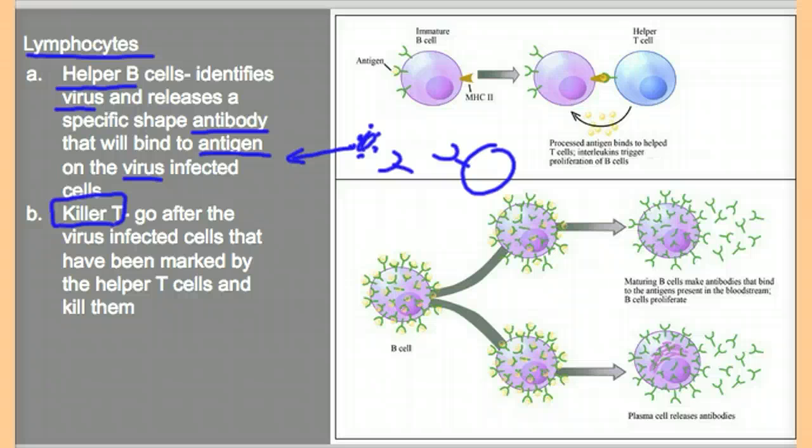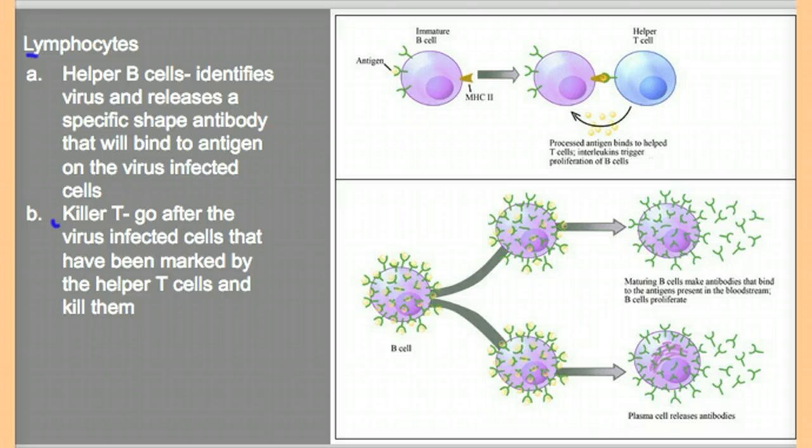Here's a better diagram for you to really look at. And I'm going to walk you through this diagram so it becomes a little bit simpler to understand. First, what you'll notice is that we have our helper B cell. Our helper B cell has these little receptors on its surface, and these receptors are called antibodies.